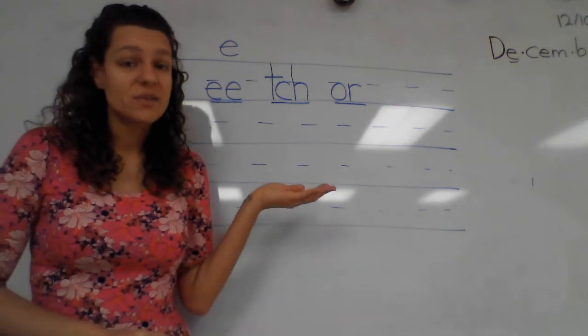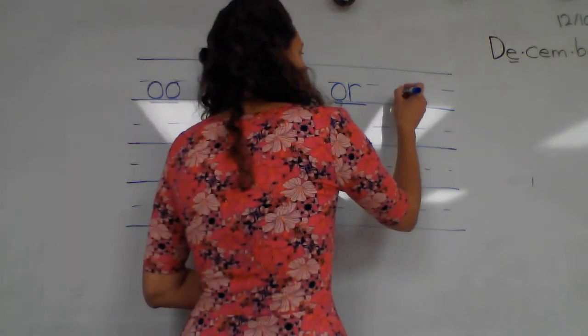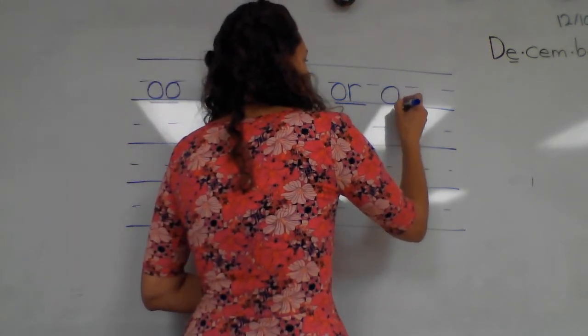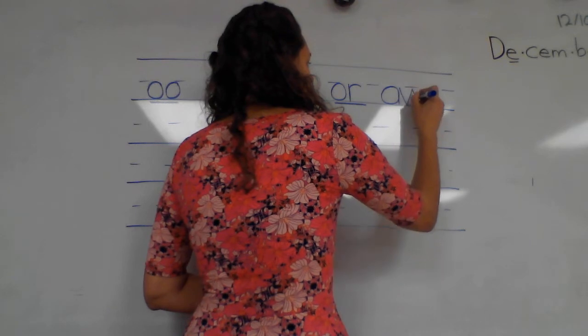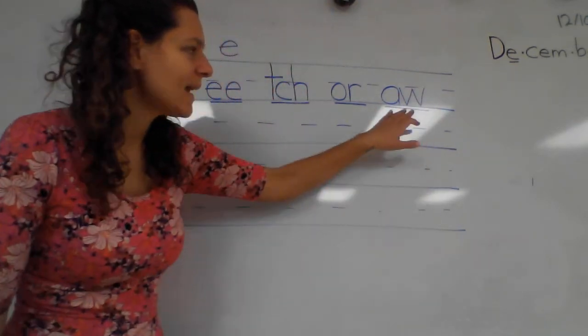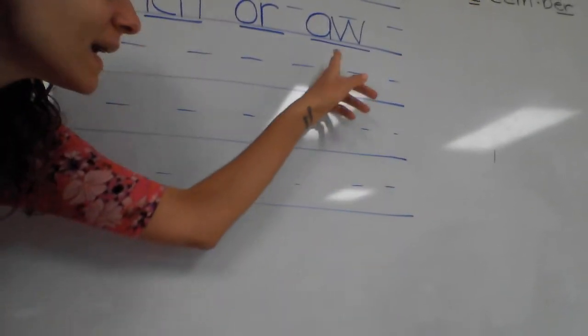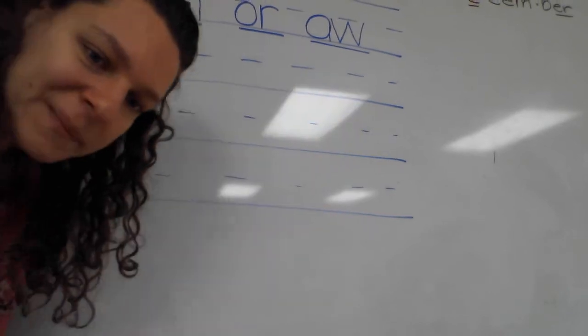All right, class, what did you just write? Good, ah, that we do use at the end of English words. All right, so if you didn't have that one, write it 3 times and say it while you write it.